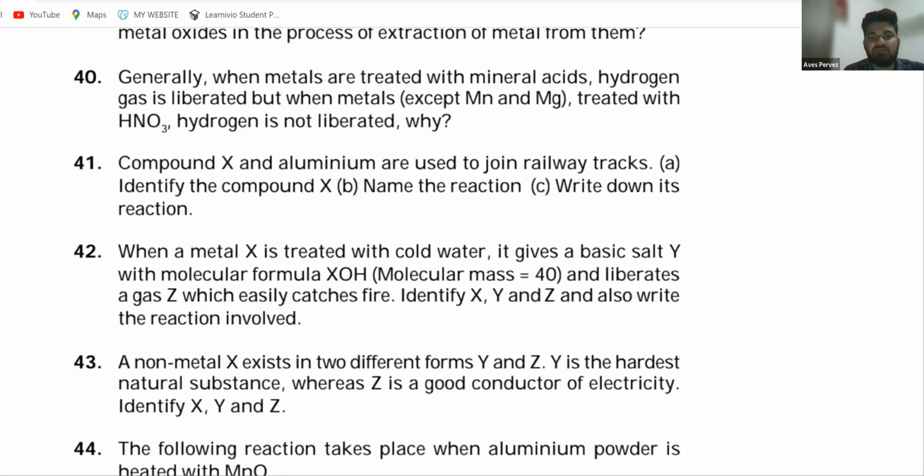Why not sodium? Calcium reacts with cold water, but sodium can also. If I say calcium reacts with cold water, it does not mean it does not react with hot water. It can also react with hot water and steam, but it will not react with ice.